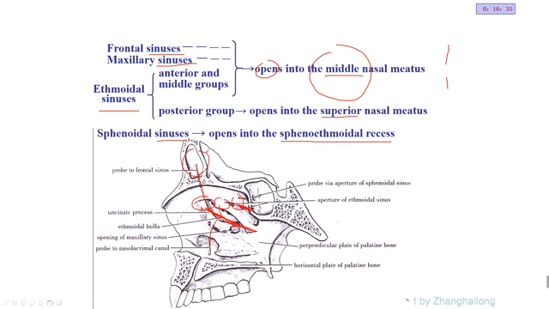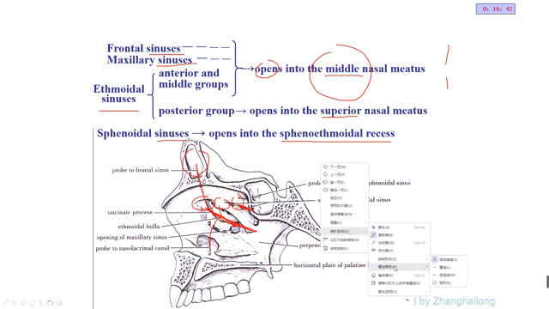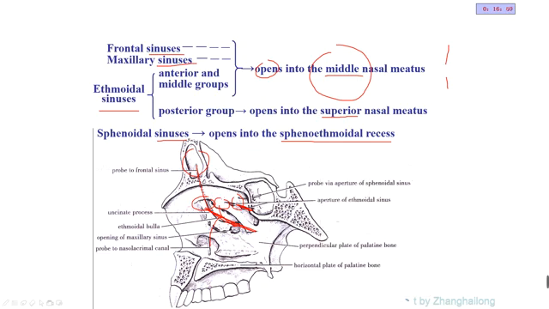And there's another one, the sphenoethmoidal recess. Between the sphenoid bone and the ethmoid bone, there is a recess. I change to another color. This color. There is a recess here. And here the sphenoid sinus opens out to here. It's a difference. Most open to the middle, one to the superior meatus, one to the recess. Okay, that's right.